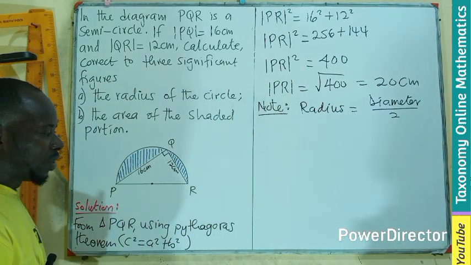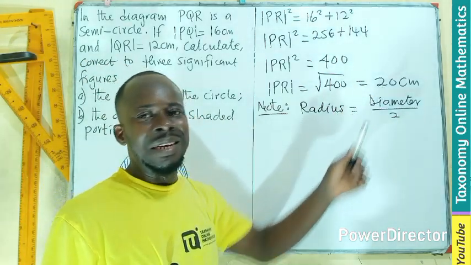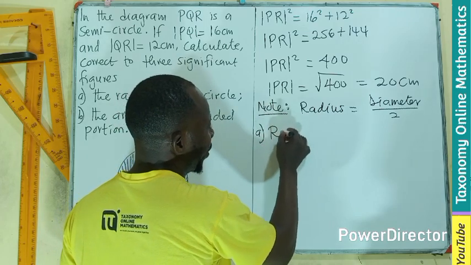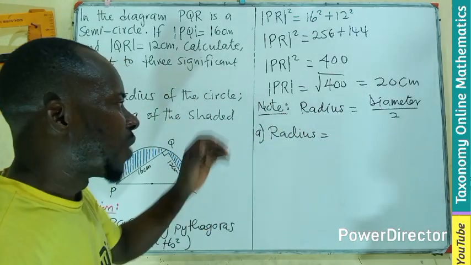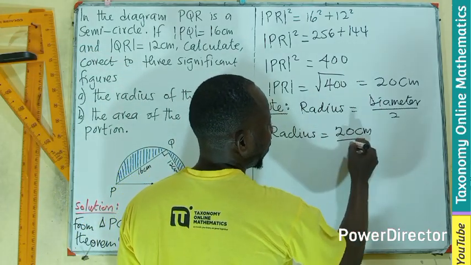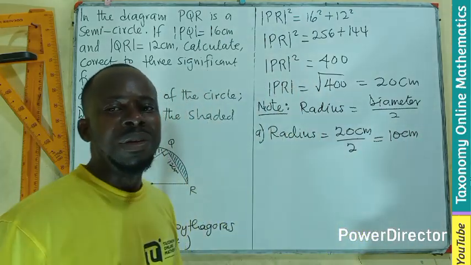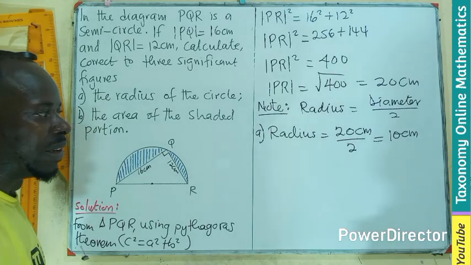From here to here is the radius, and double of that will give you the diameter. So the question 1, which is asking to find the radius, will be equal to the diameter we found, which is 20 centimeters, divided by 2, which will give you 10 centimeters. So the radius is going to be 10 centimeters.